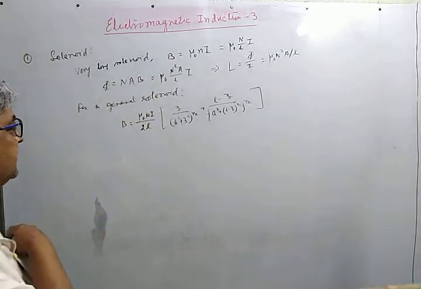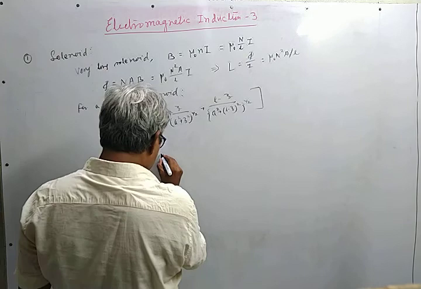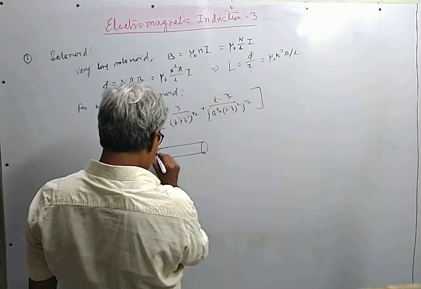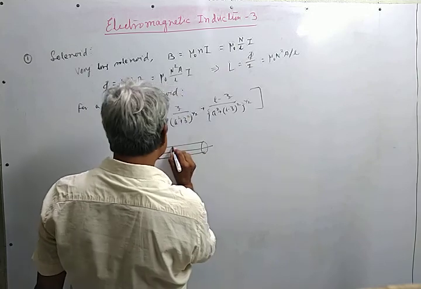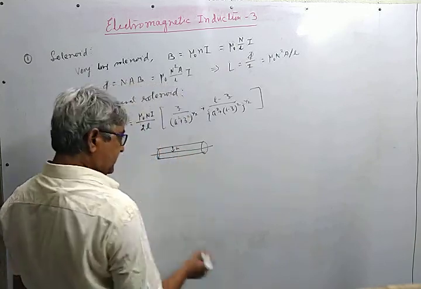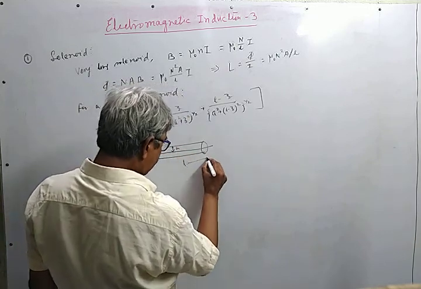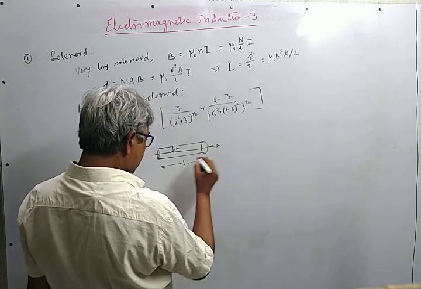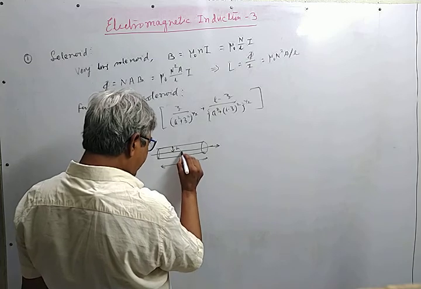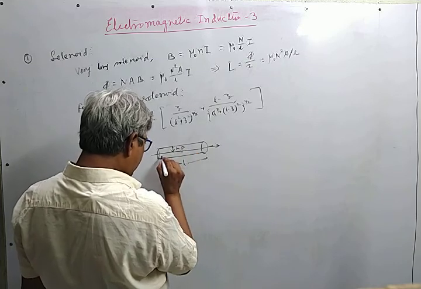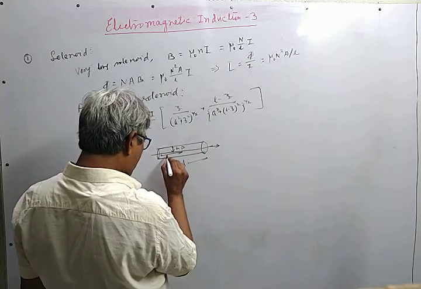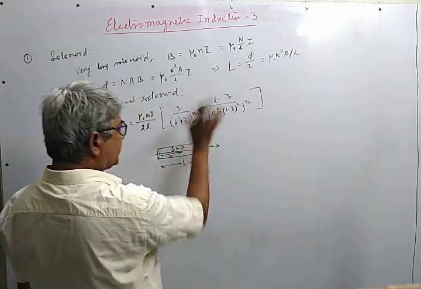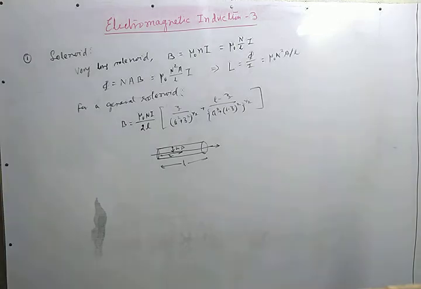Here we have considered a solenoid of length L. This is A, the radius of the solenoid. This is the L, and this is along Z axis. And we have considered the field at a point P, which is at a distance Z from one end. So this much is L minus Z. This is the expression for the field.